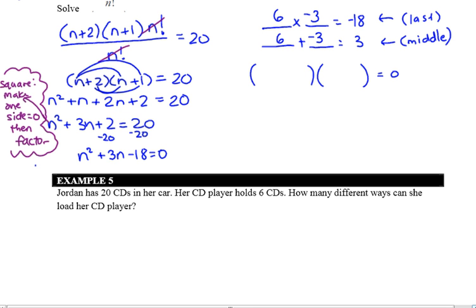What do we do with those two numbers? Put them in. So it becomes what?